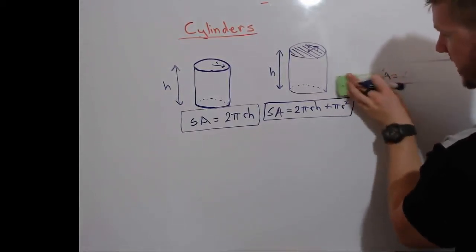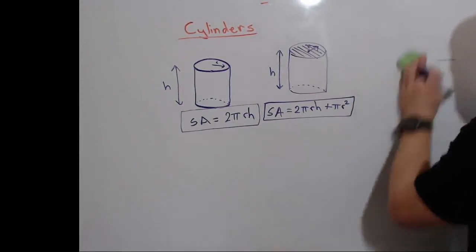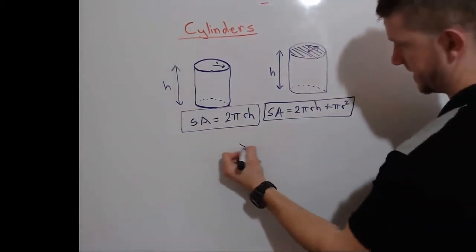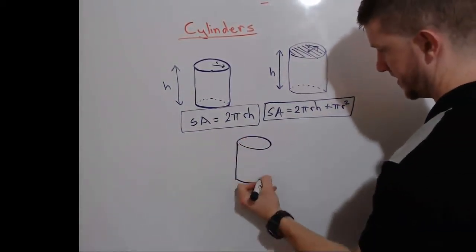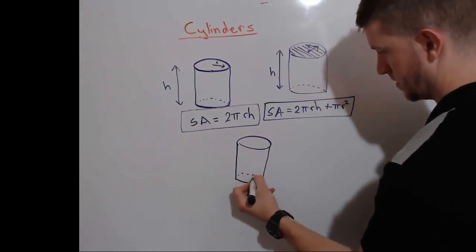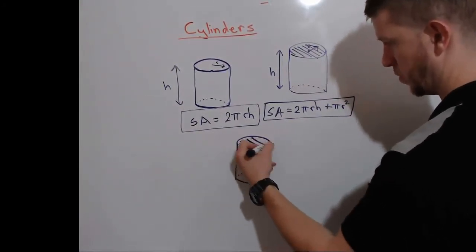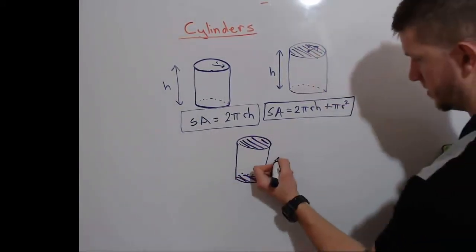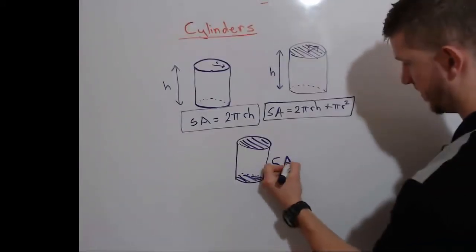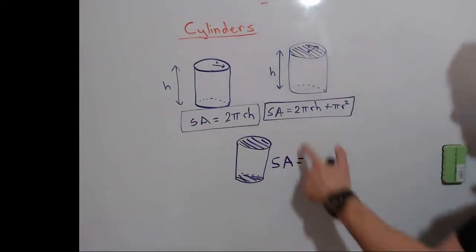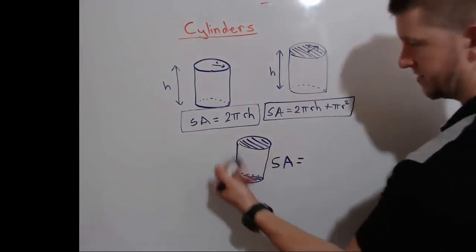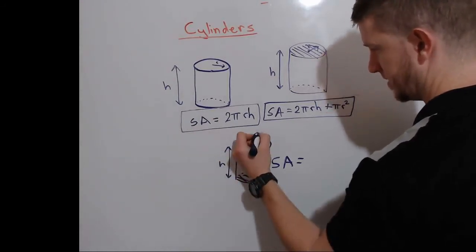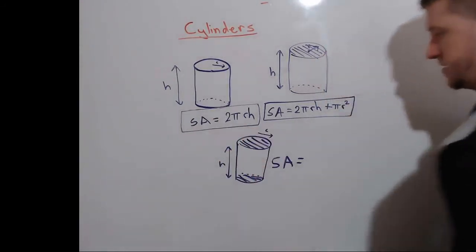Now there's one more case, and that is if I had a cylinder with two lids. So if I take the cylinder that I started with, I have my one lid, but now it's got a bottom, it's got two lids. The surface area is what I'm trying to find. Well, so far it's still got the same body, which is my height, and I'm told the radius.